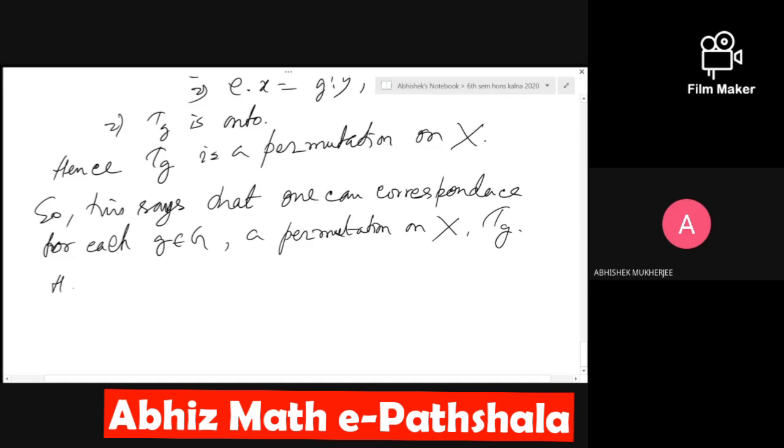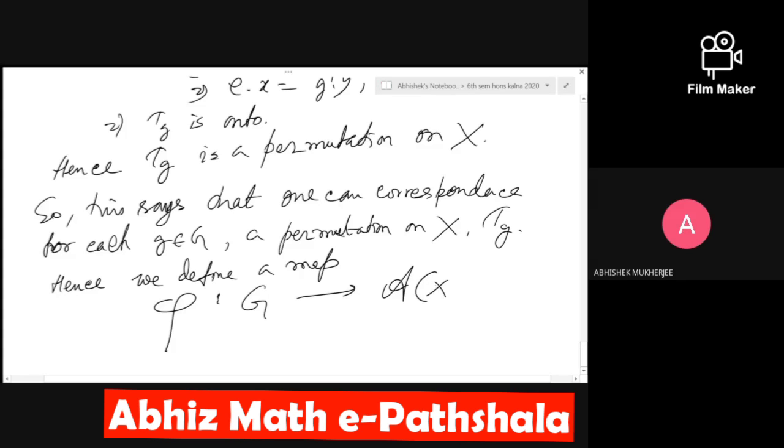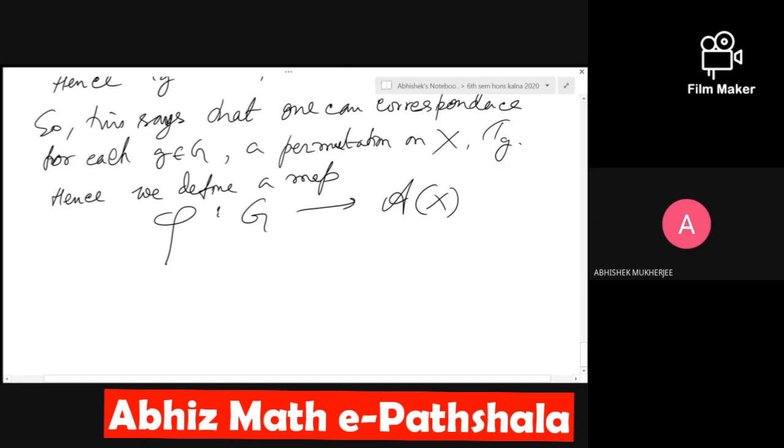So hence we define a map denoted by phi colon G to curly AX. Now since we know that the permutations on the set X will form a group with respect to composition of mappings, this is a group and this is also a group.